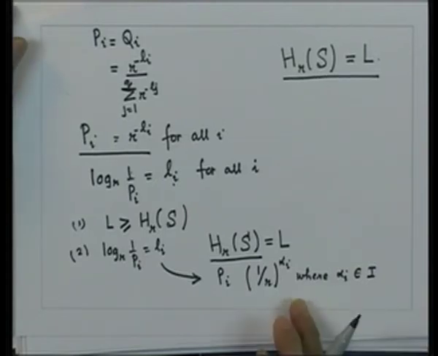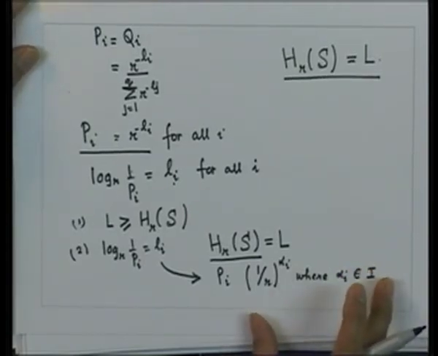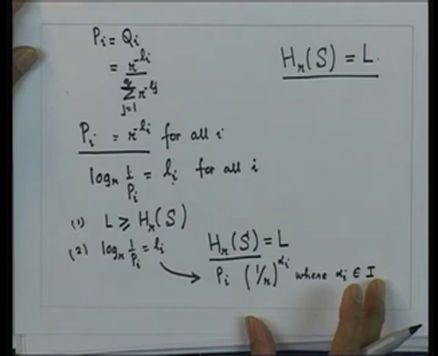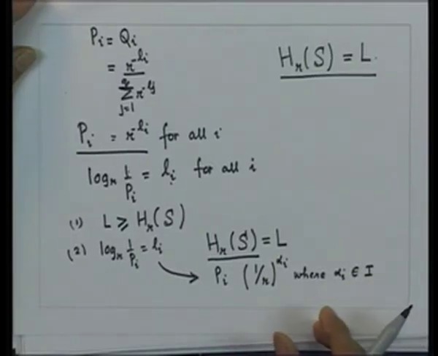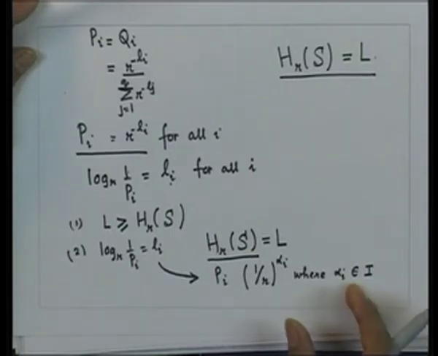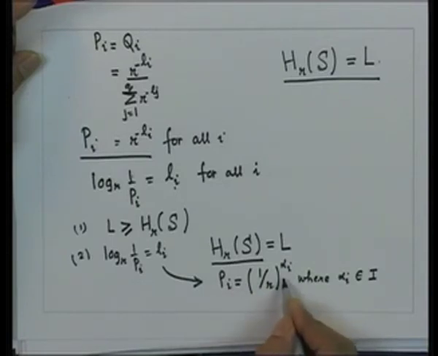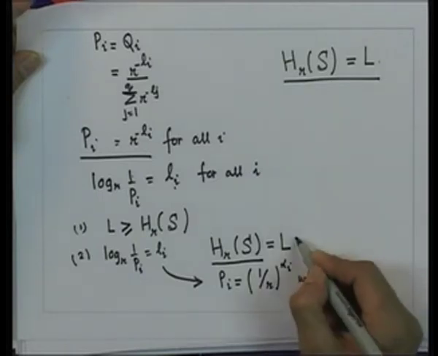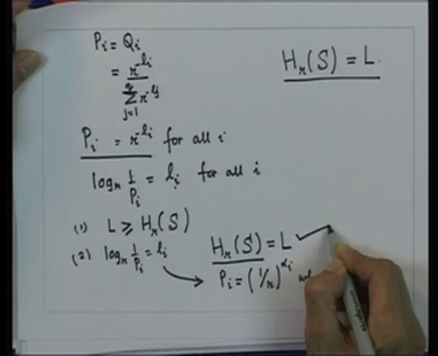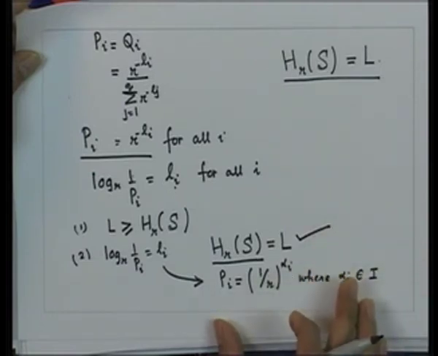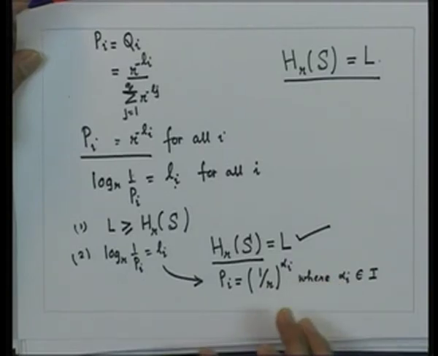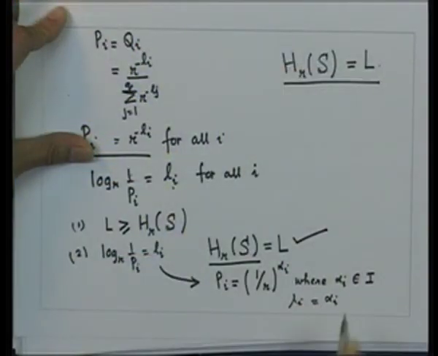So, now with this result, we have derived an additional condition for the word length of a compact code. What it says is that if Pi is of this form, where the alpha i's are integers, then not only will this be satisfied, but we have also derived the code word length Li of a compact code, and Li is nothing but equal to alpha i.